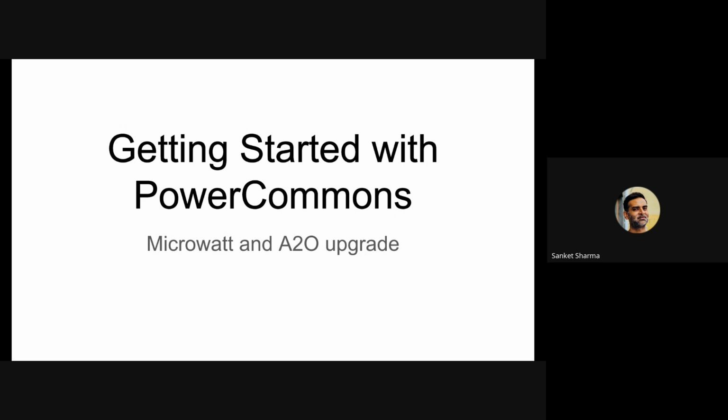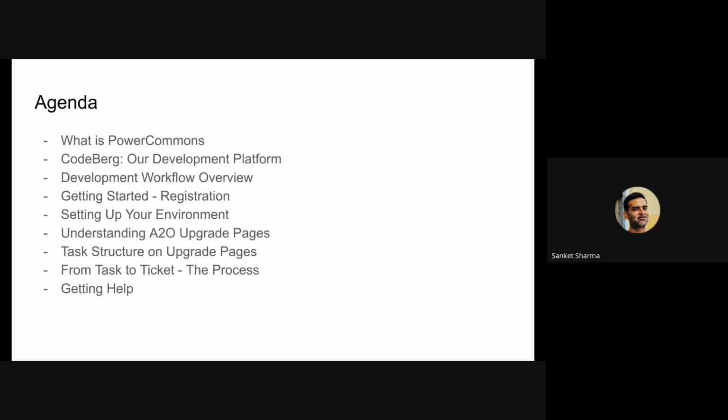So the idea behind this presentation is just to quickly recap and go through the setup of the Power Commons project as it relates to both Microwatt and the A2O upgrade. We are going to quickly go through an overview of what the Power Commons project is about.